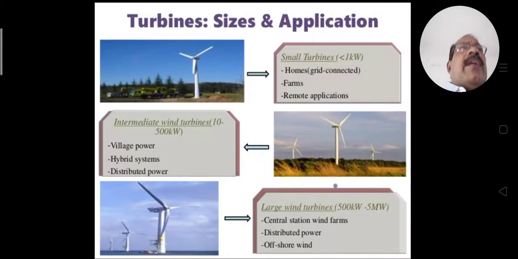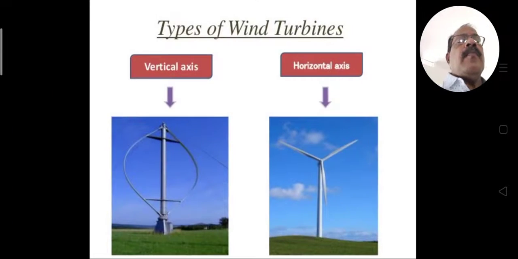Due to that wind, the windmills work more and generate more energy. And there are two types of wind turbines: one is vertical axis wind turbines, and the other is horizontal axis wind turbines.